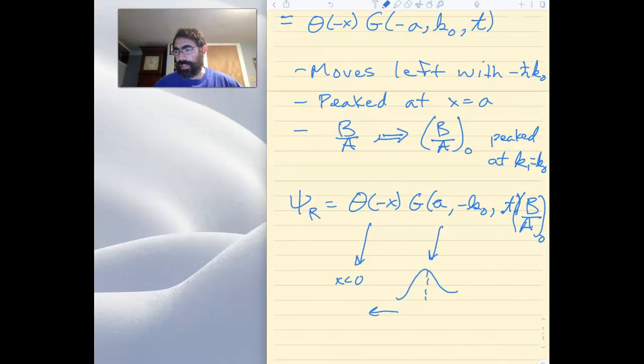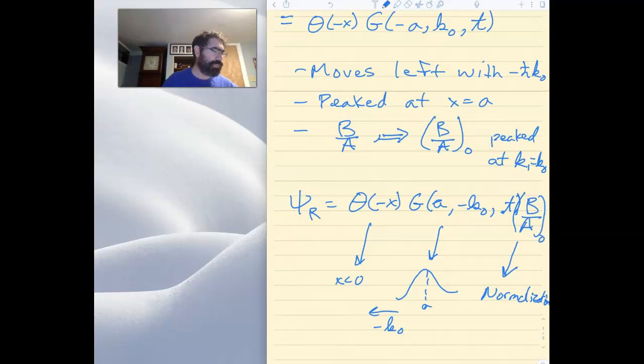It has a centroid at a, but it's moving with a momentum minus k0, and it has a normalization factor, which essentially tells us the height. Because if it bounces off the barrier, it may become smaller.